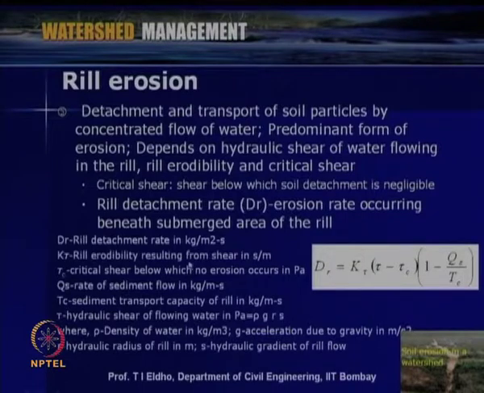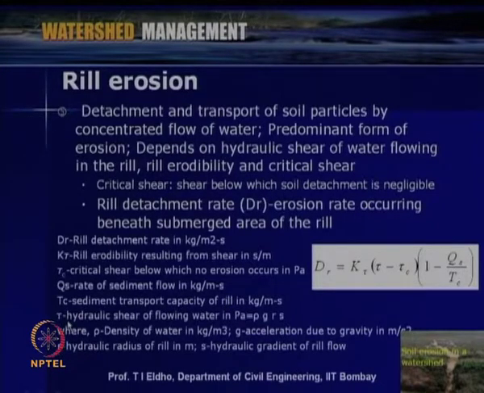An expression as reported by Rajveer Singh is written here: Dr is equal to K tau, tau minus tau c, into 1 minus qs by Tc, where Dr is the rill detachment rate, K tau is the rill erodibility resulting from shear, tau c is the critical shear below which no erosion occurs, qs is the rate of sediment flow, and Tc is the sediment transport capacity of the rill.